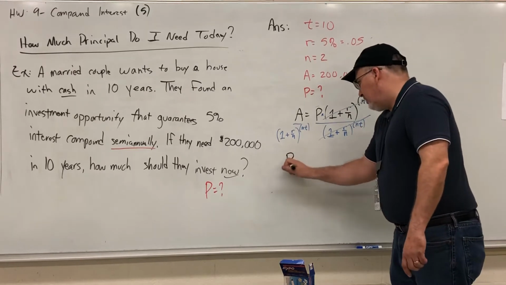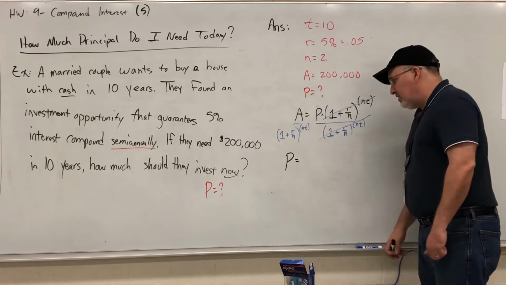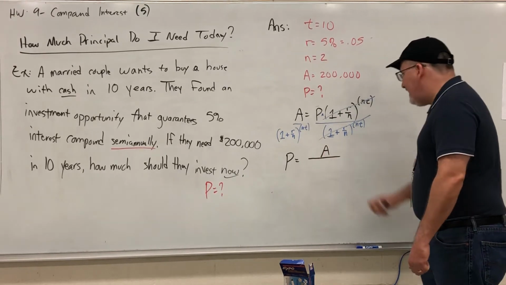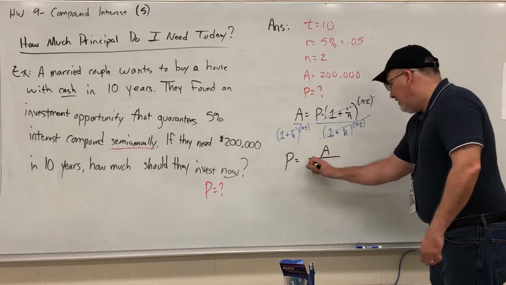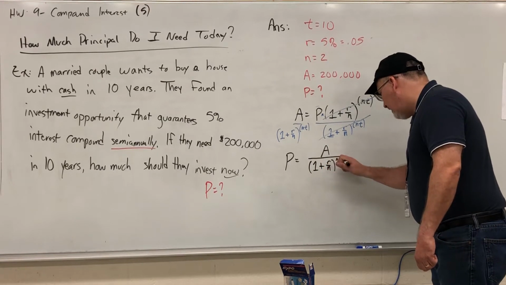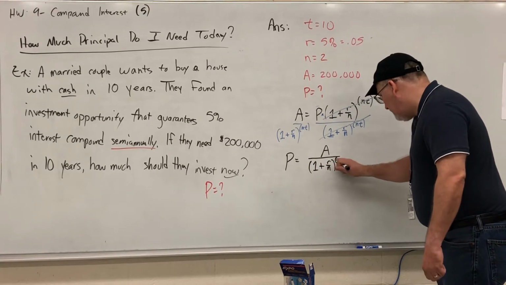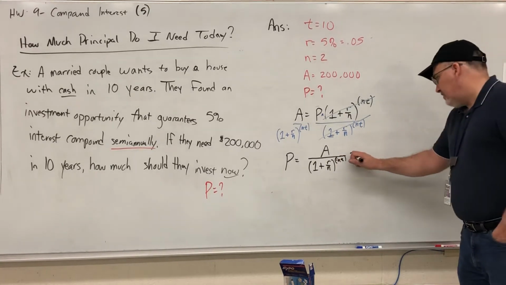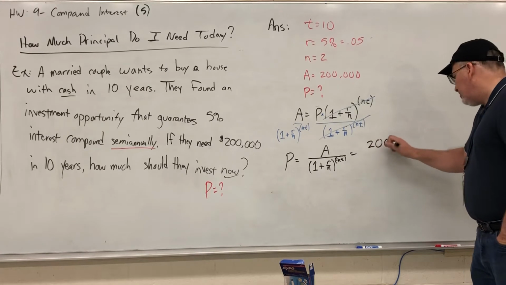And it does create a new formula. I was debating on actually doing this, but we've come this far. The formula for the principal is A divided by that whole chunk. 1 plus R over N, exponent NT. So let's just plug in everything. The A is 200,000.